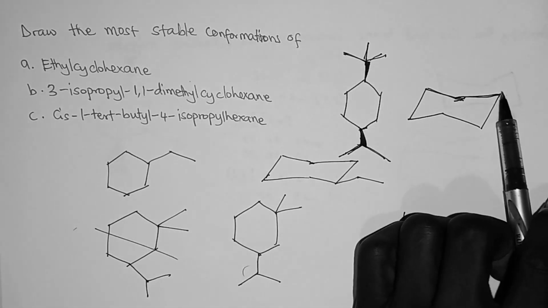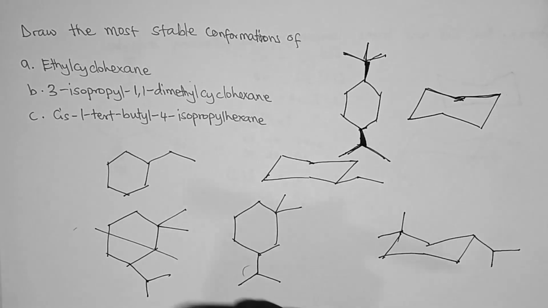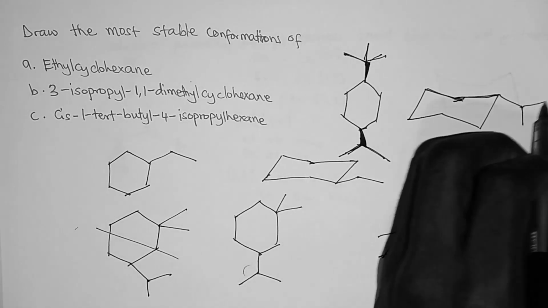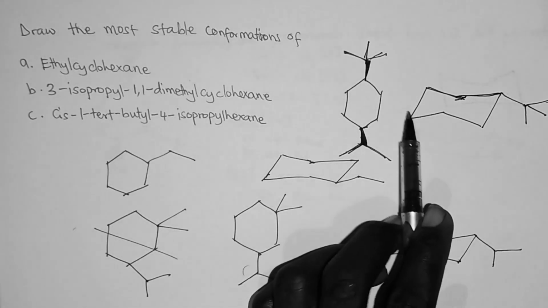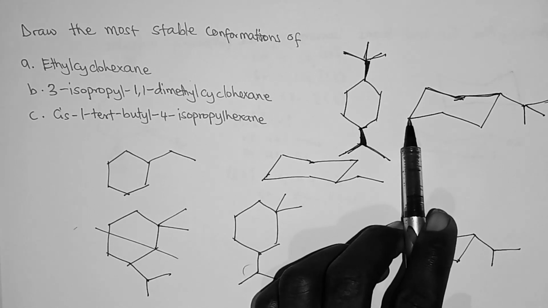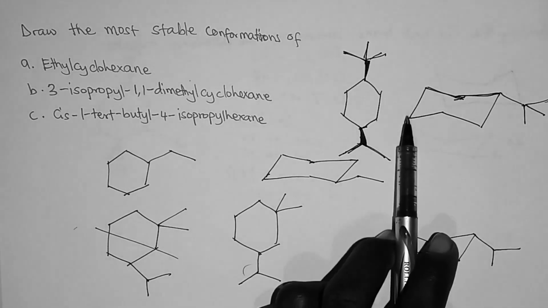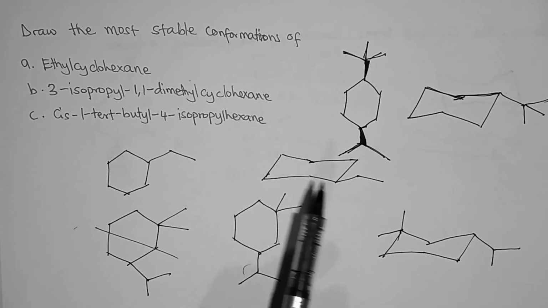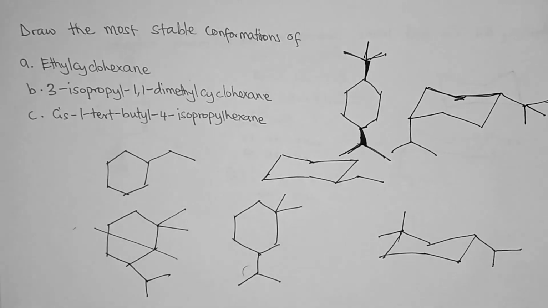So if it is 1 here, we need to put the most bulky group in the equatorial position. And the most bulky group is the tert-butyl. So that needs to go in an equatorial position. And on carbon number 4, since it's a cis, then it's an EA. So if this is in an equatorial position, then the isopropyl group must be in an axial position. Therefore, it will look like this.